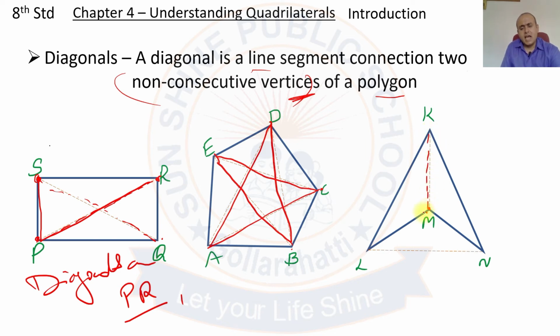And also we can draw a diagonal line from L to N. So L ಇಂದ N ಕೂಡ ಒಂದು diagonal line draw ಮಾಡಬಹುದು, and this line is an exterior diagonal because it is not inside the figure, it is outside the figure. That is why we call it an exterior diagonal. The line LN is the exterior diagonal of two non-consecutive vertices.